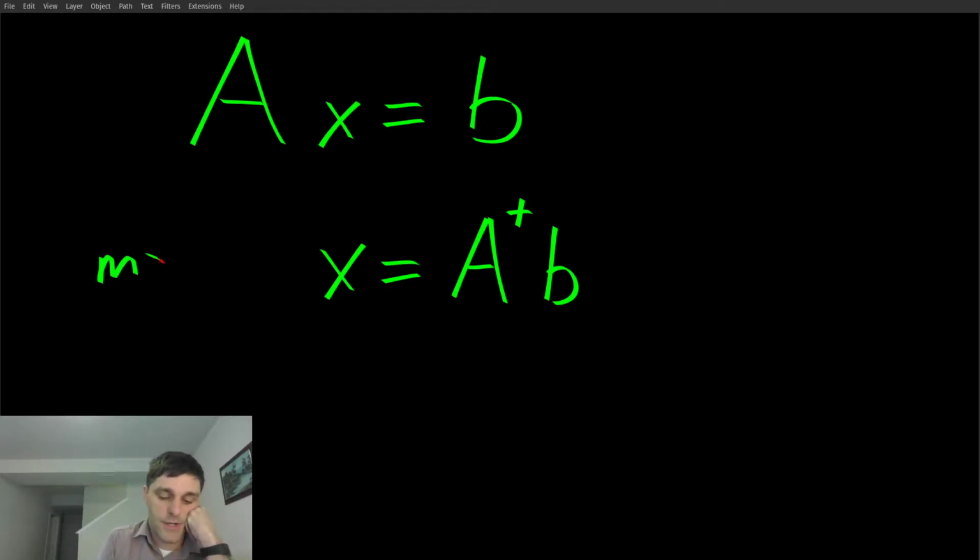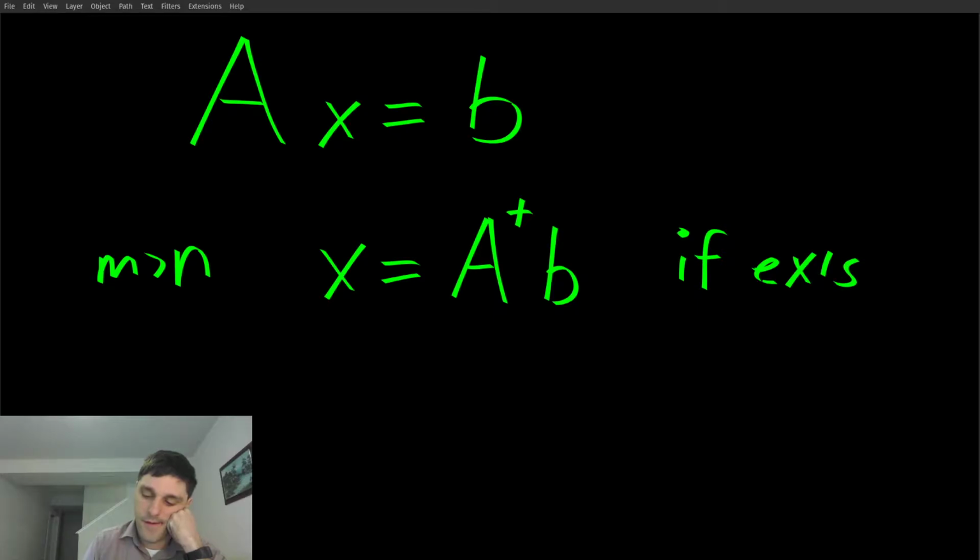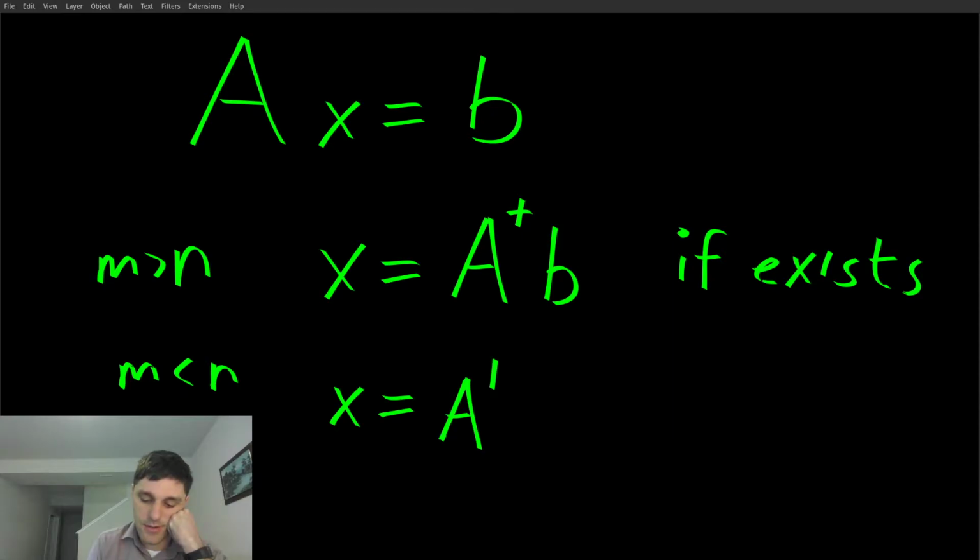If A is overdetermined, then this will be a solution if it exists, right? And in the case where M is less than N, this will definitely be a solution, one of many.